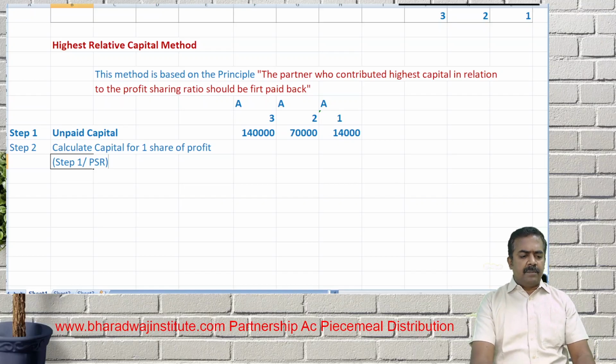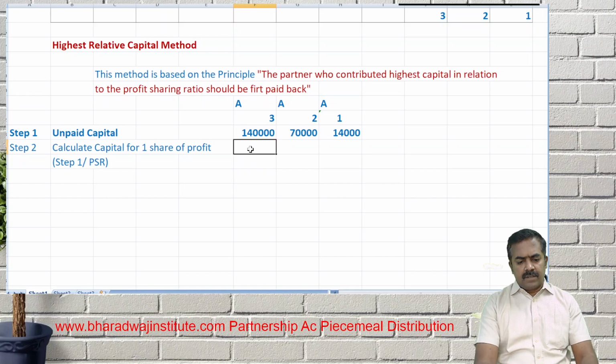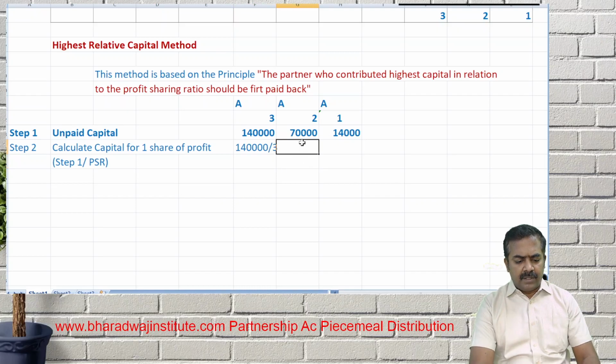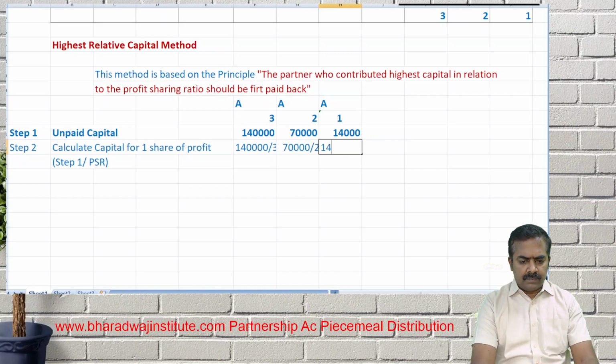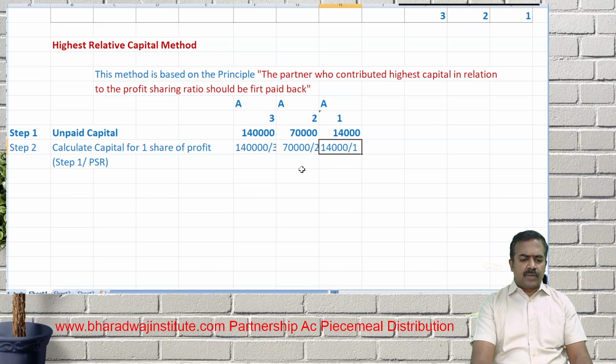Step 1 divided by profit sharing ratio. 1,40,000 divided by 3, and then 70,000 divided by 2. 14,000 divided by 1. 1,40,000 divided by 3, how much does it come to?